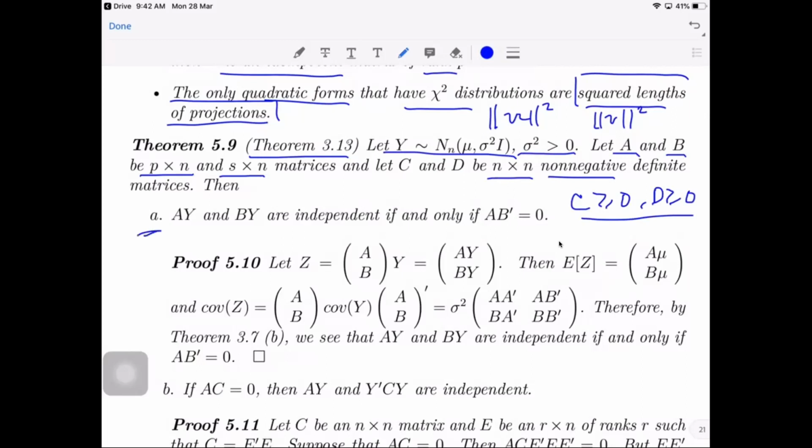Then the result: if you have Y, you pre-multiply Y by A. So this is P by N and N by 1 Y, so this is a P by 1 matrix. B is S by N and N by 1, so B Y is S by 1.